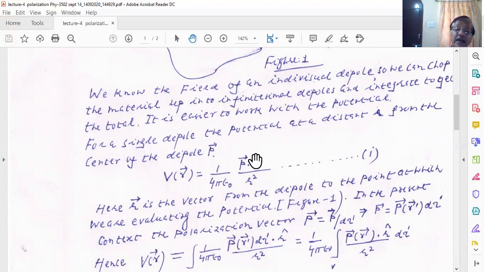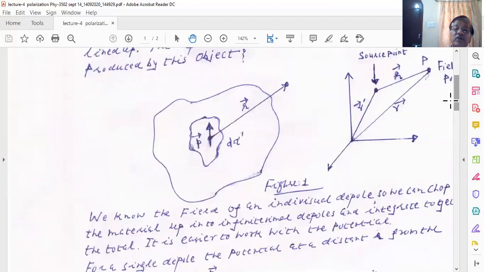So here I can write this vector P as P of r prime into d tau prime. You substitute this vector, and now we are interested in finding the total potential, not the potential because of one volume element.